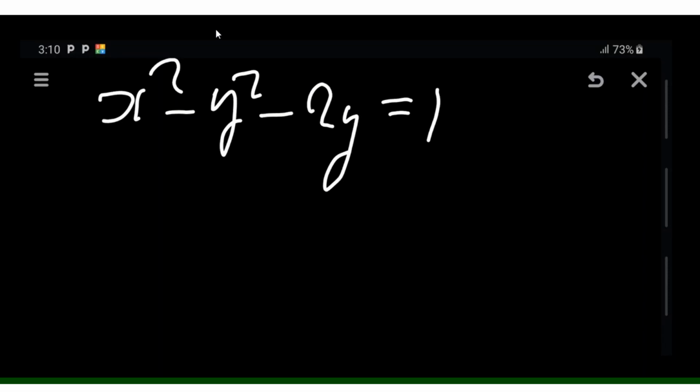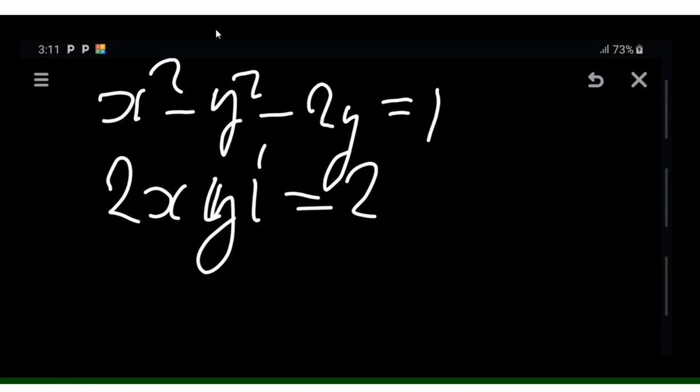And the imaginary part, I have 2xyi is equal to 2xi. So the imaginary part.